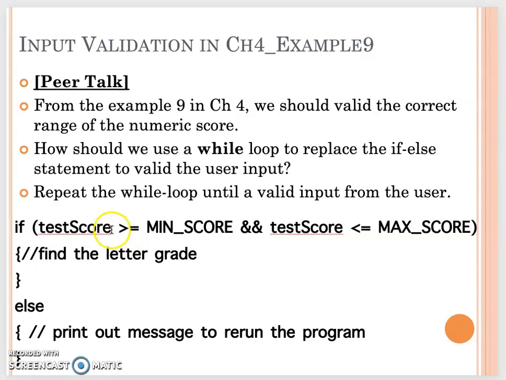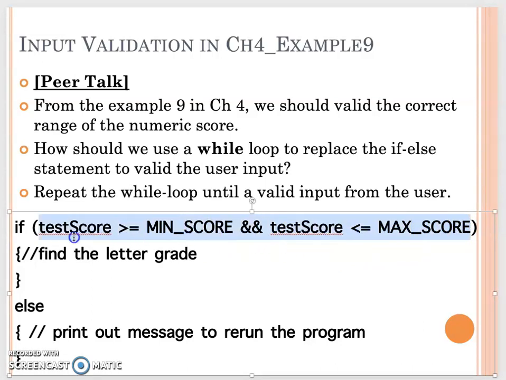Here, if the test score is greater than or equal to the minimum score, and less than or equal to the maximum score, you see this one, right? This is our valid input. If it is valid input, we give them the letter grade. Else, before we could only output the error message, saying you need to enter a valid input.